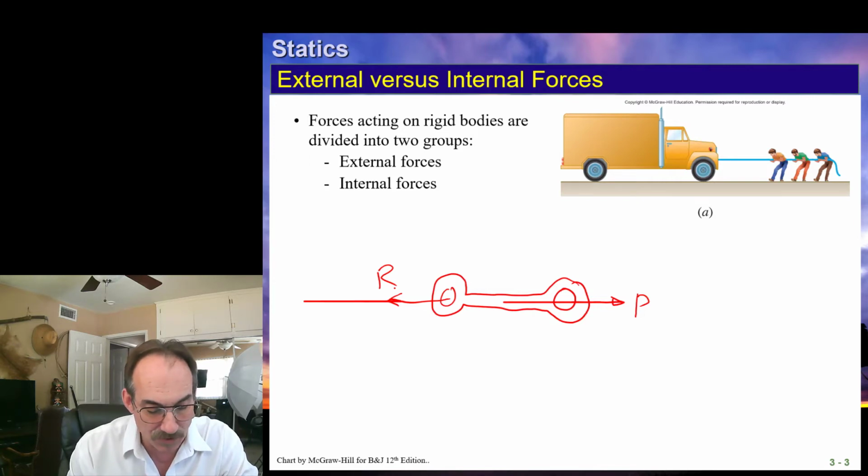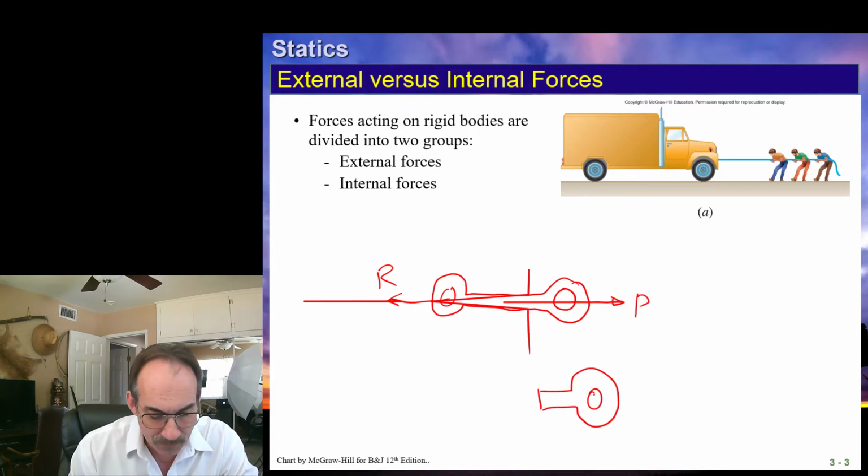These are external forces. However, if we take a section cut through here and redraw this half of it, we find out that this P is reacted by this internal force. We'll call it P1. Now P1 is just P, but that is now an internal force because we have cut the member open and looked at how it's applied.